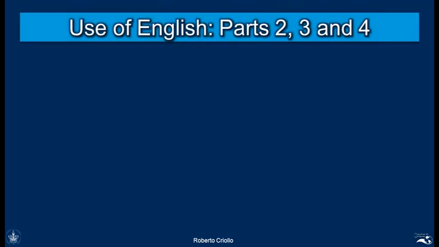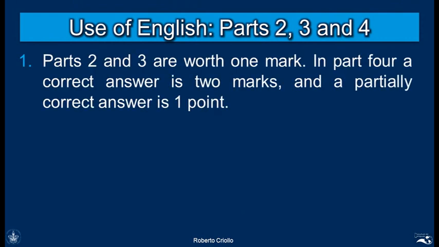Okay, so let me finish this lesson just with some concluding remarks. First of all, we need to remember parts 2 and 3 are worth 1 mark. That means that every correct answer gives you 1 point. Now in part 4, a correct answer is 2 marks and a partially correct answer is 1 mark. So this means that if your answer is absolutely correct, you get 2 points, and if it's partially correct, you get 1 point.